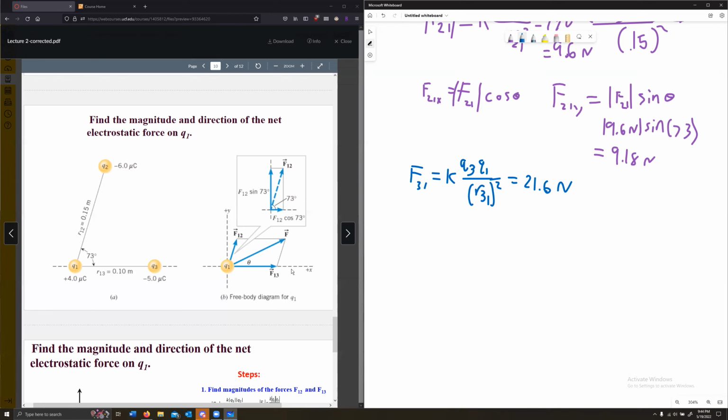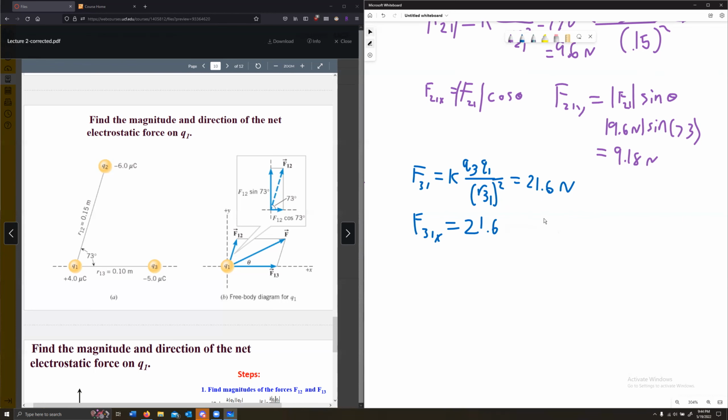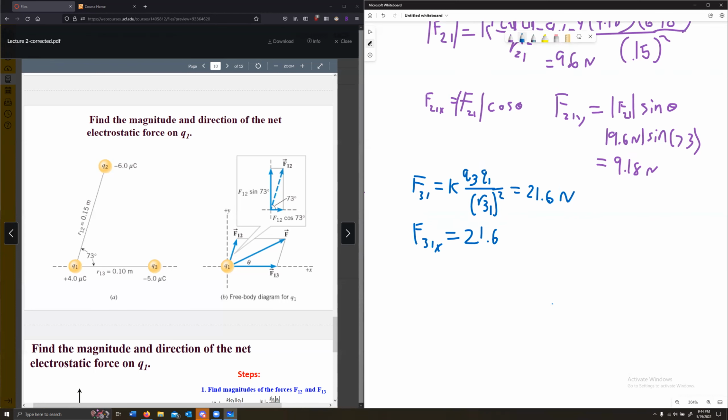You can just look at this and say, okay, force of 3 to 1 in the x direction is going to be 21.6. And then the force in the y direction is 0. There is no y component, because it's literally right next to it.